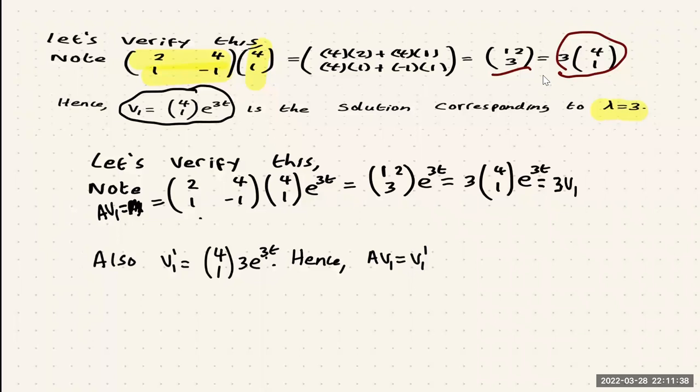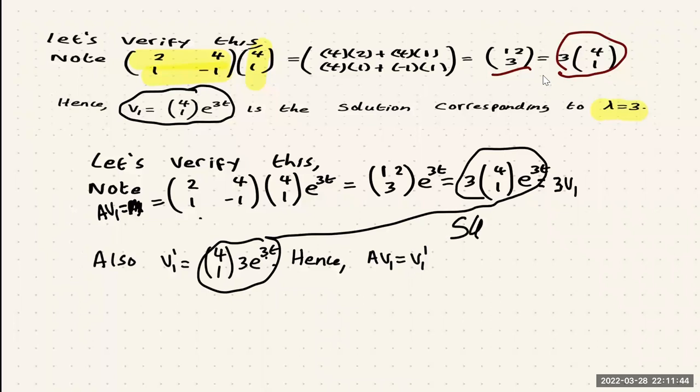And that's exactly what we have here. So same. Hence we've shown that A V1 equals V1 prime, and that's what it means to be a solution. So we verified that our V1 here is a solution of our system.